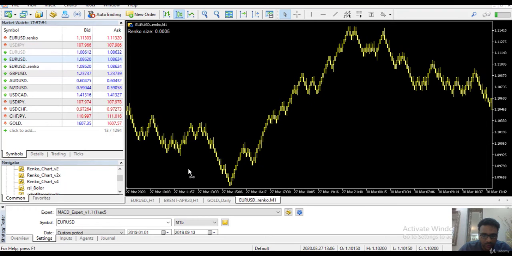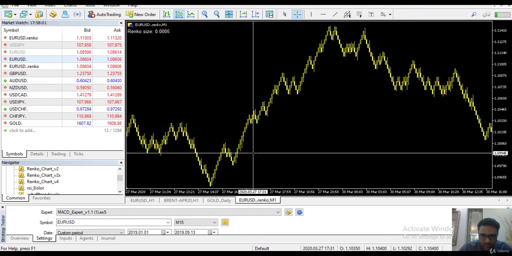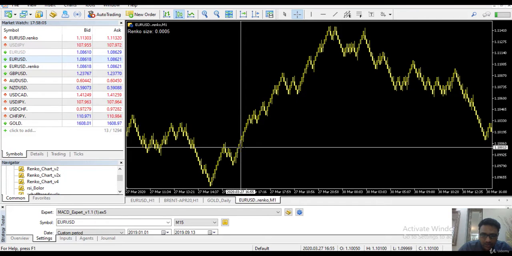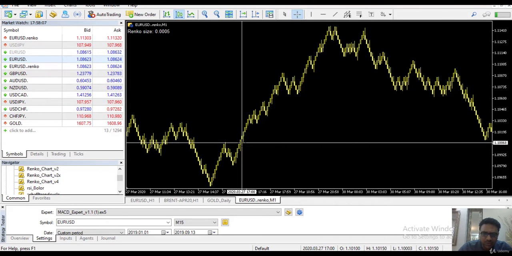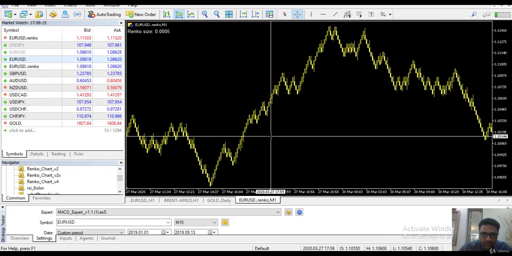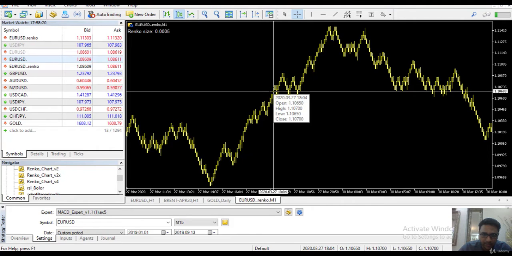So what we were doing was we were looking at the 27th of March. That candle we were just looking at for the 1 hour time frame was from this area till the end of the 18th, roughly about here.